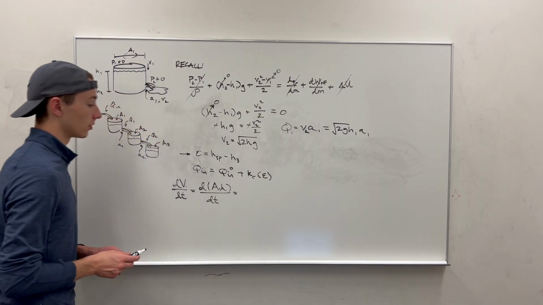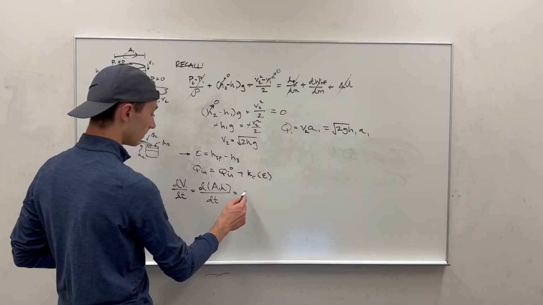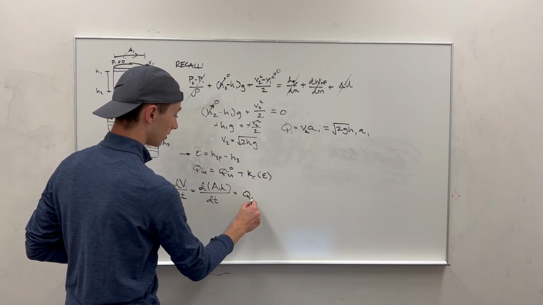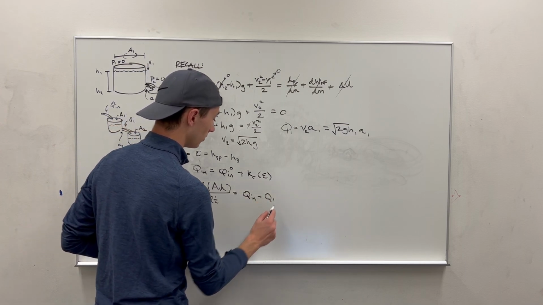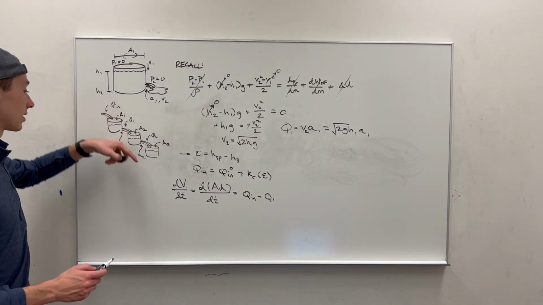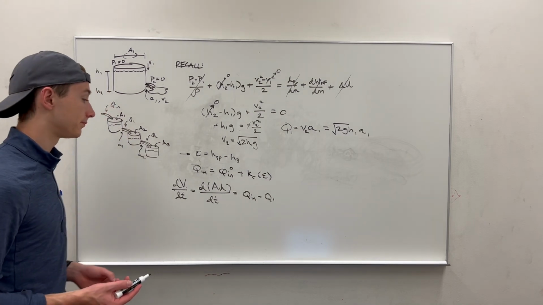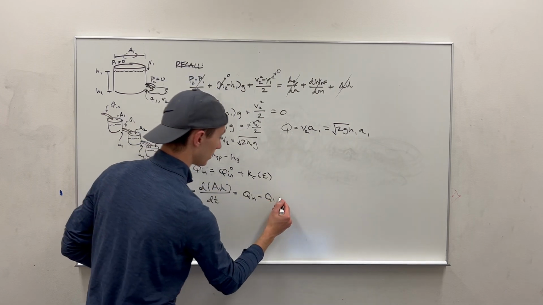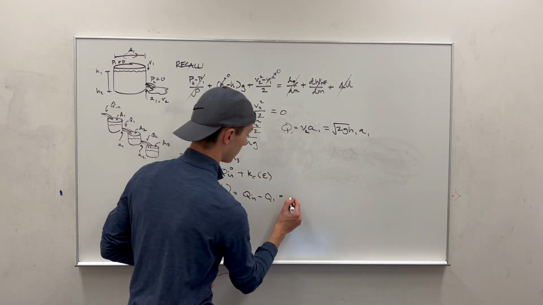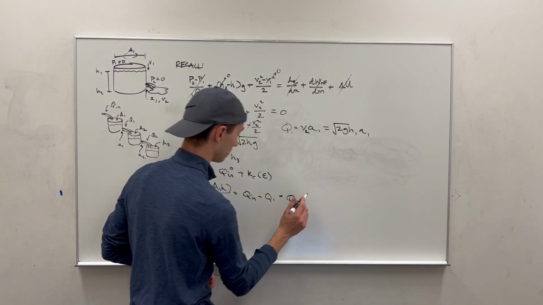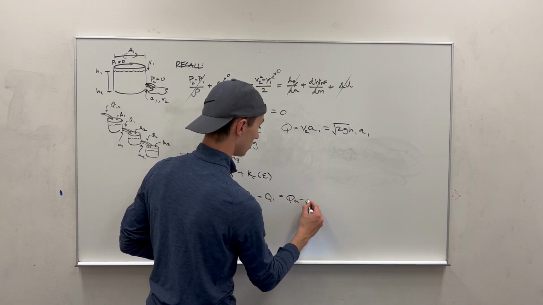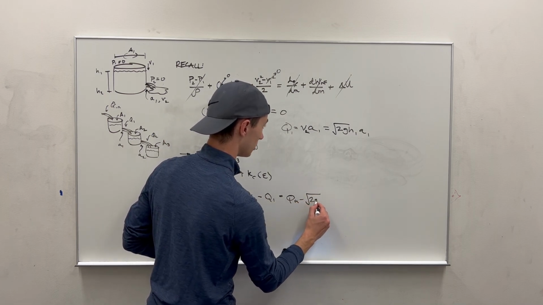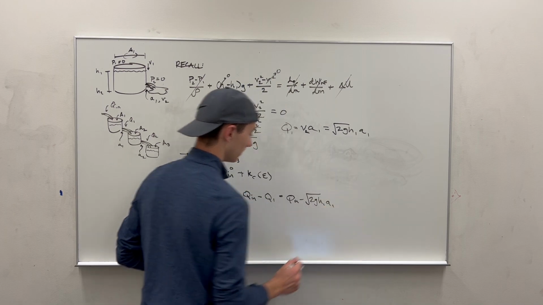And this just equals our Q in minus Q1, right? So we have something going in, something going out. That's the rate of change of volume. Okay, but we already said that Q1 is equal to this expression. So we can plug this in to tie it all together here. We get Q in minus radical 2G H1 A1.